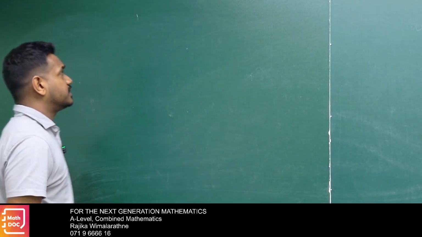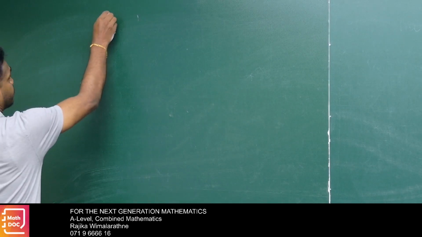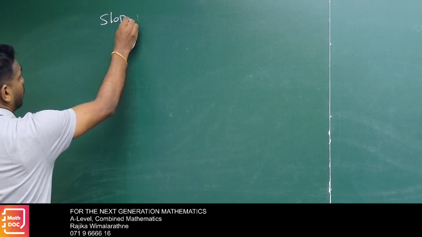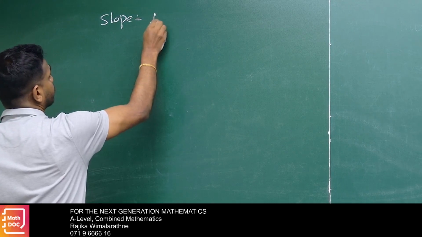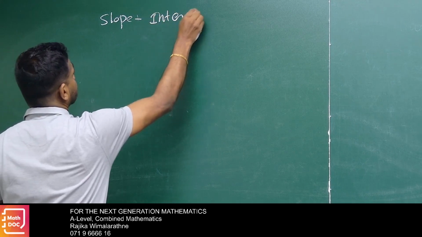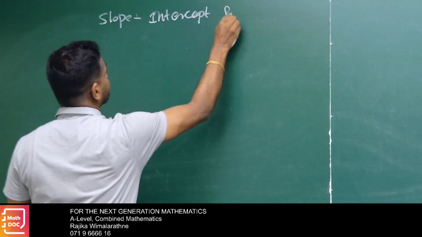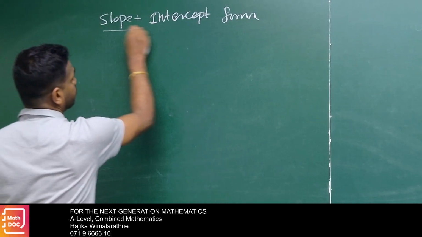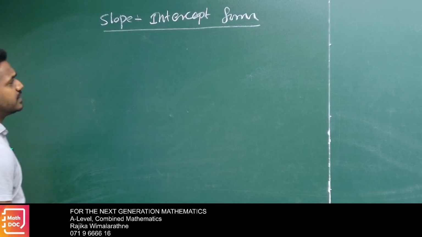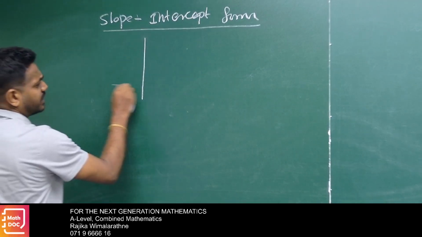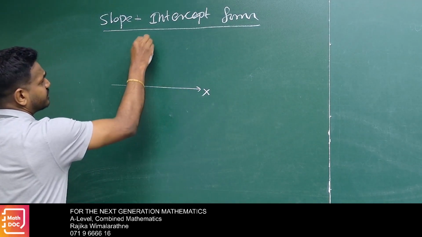Okay, now here, slope intercept form. Okay, see here this case, take x-axis, y-axis.